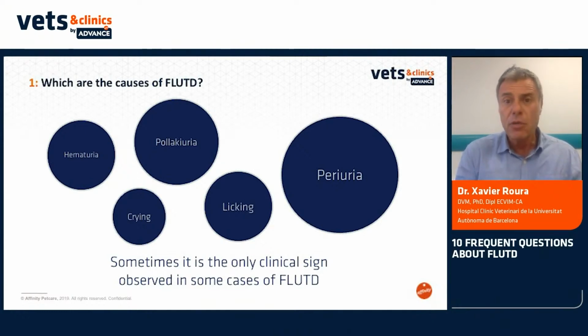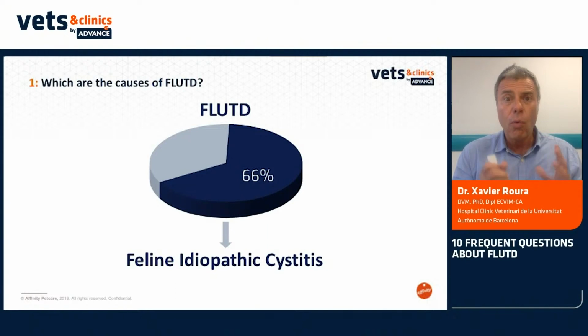But sometimes we can find just another clinical sign like periuria, and sometimes in cats it could be the only clinical sign in feline lower urinary tract disease. These clinical signs can appear all together or alone, but these are just different diseases. So when we talk about feline lower urinary tract disease, we really talk about different diseases that produce hematuria, pollakiuria, stranguria, alone or mixed, or a combination of these clinical signs.